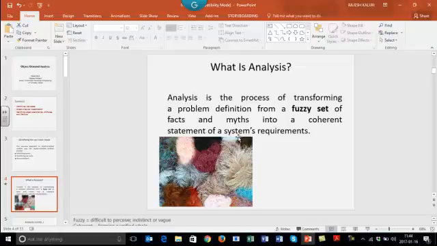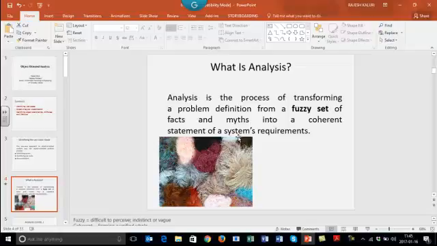You can take any case study. If you are going to have any class diagram or any use case diagram or maybe sequence diagrams, whatever the diagram is, first of all we have to analyze the system, and accordingly we have to go with the classifying and everything. All the steps need to be done. Even if you look at the software development life cycle, the first step is analysis.